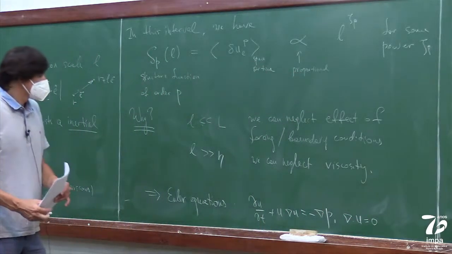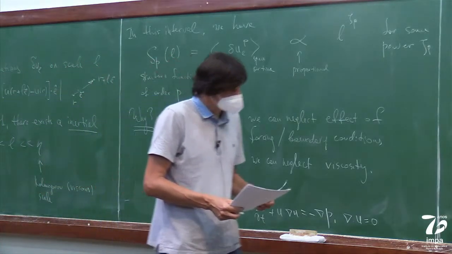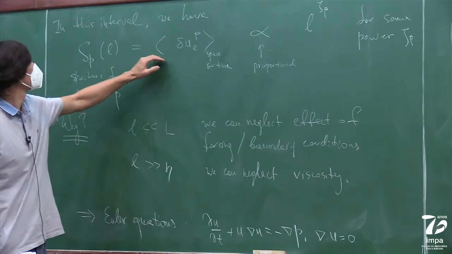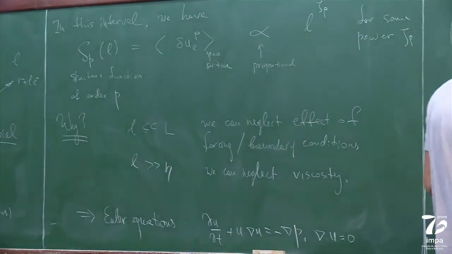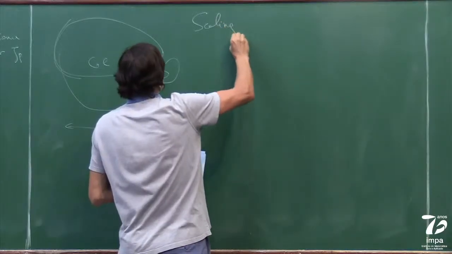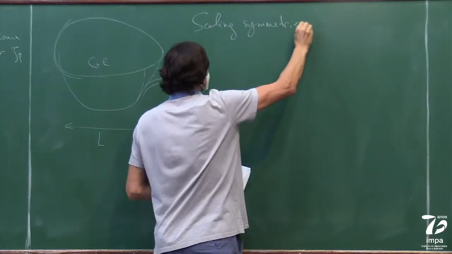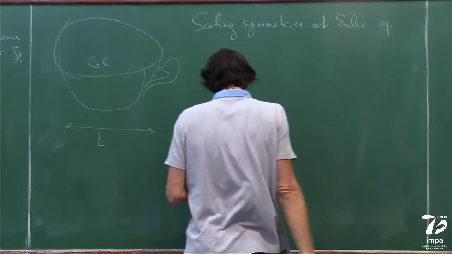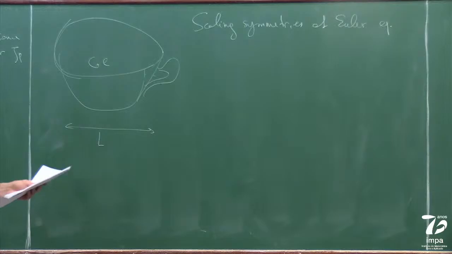Okay. Since we have this equation, we can discuss what the symmetries of this equation are, and then connect symmetries of this equation with the power law for the structure functions. So we have scaling symmetries of the Euler equation. There is a class of symmetries that we discussed several times.